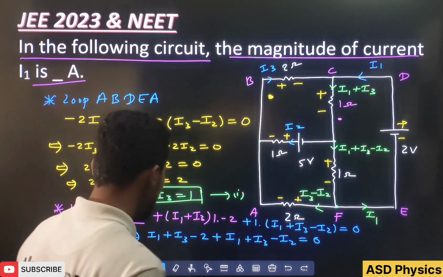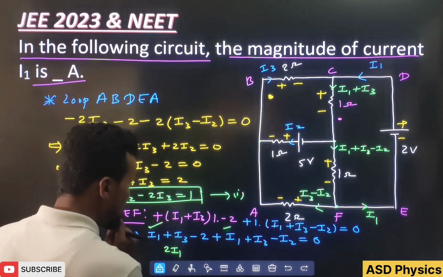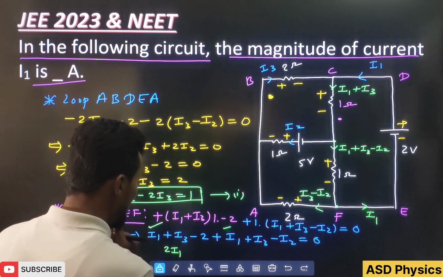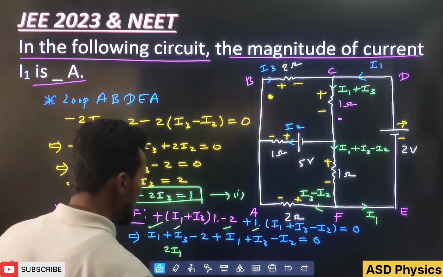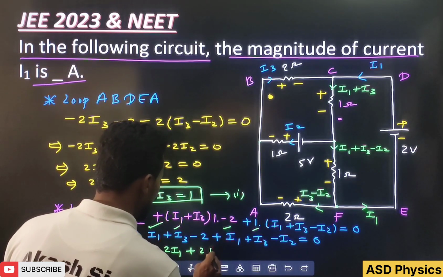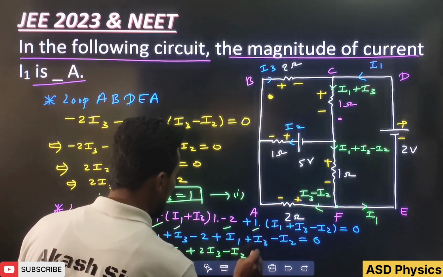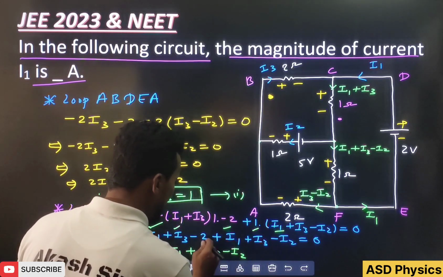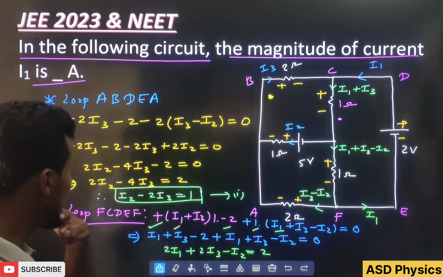This I1 and this I1 will become 2I1. And this I3 and I3 will become 2I3. And after that, minus I2 is left, and minus 2 equal to 0, that means I can write equal to 2. When you simplify this, you will get it very well.